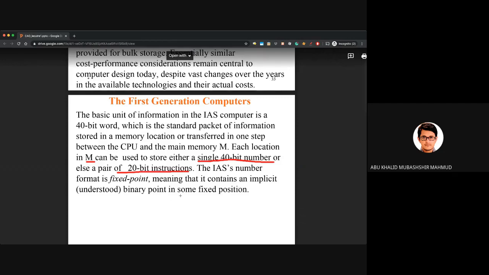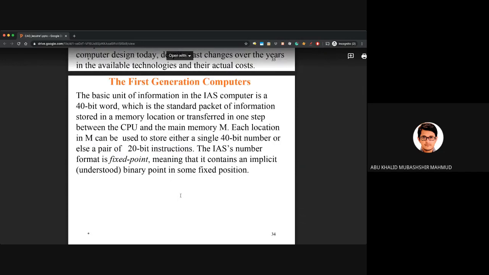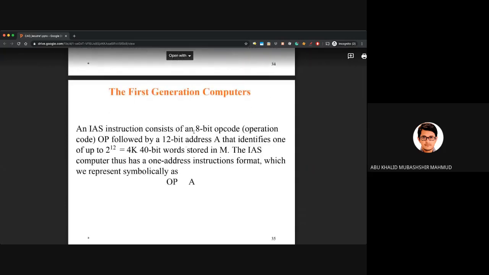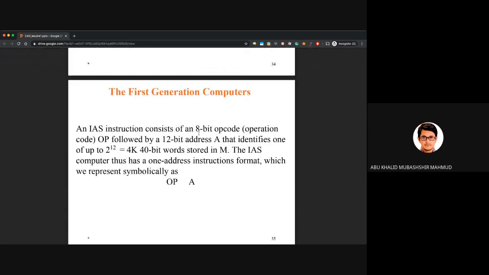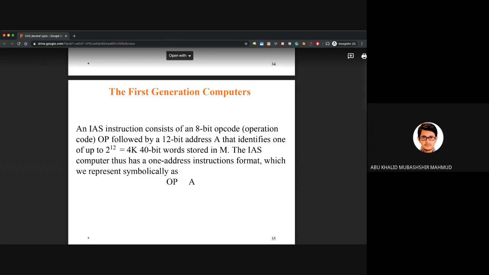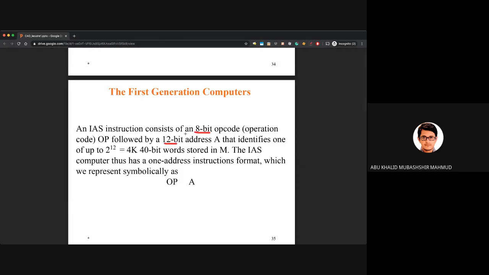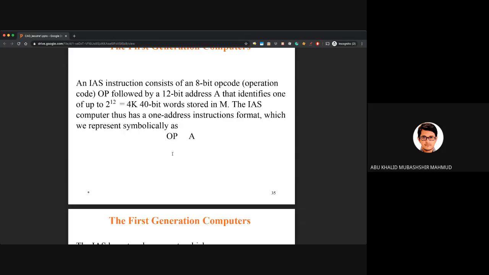So what we have seen here, the instruction is 20-bit, 8-bit plus 12-bit, and this 12-bit identifies a 40-bit word which is stored in the main memory.